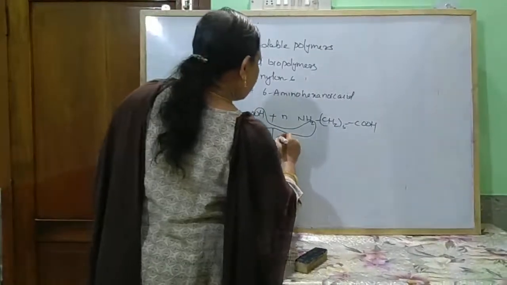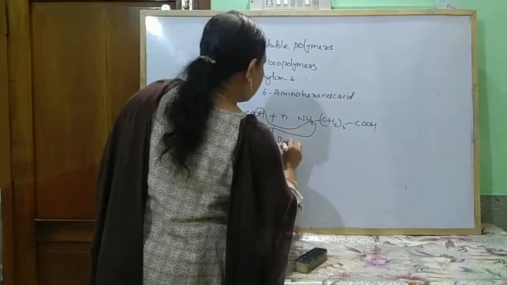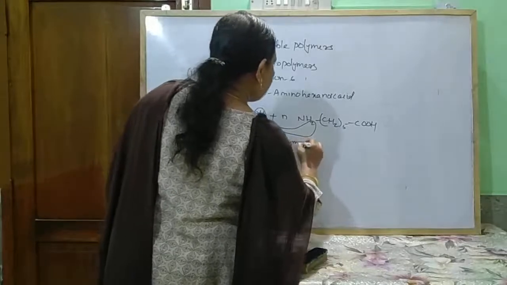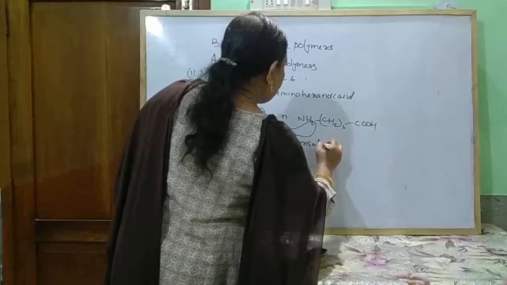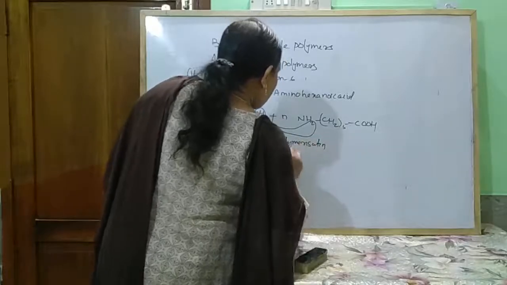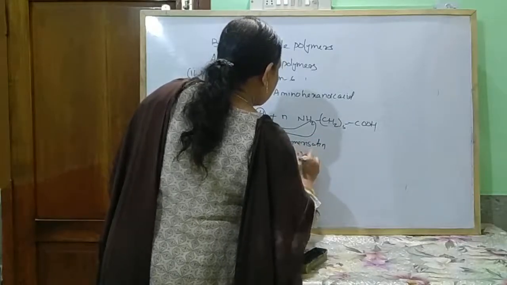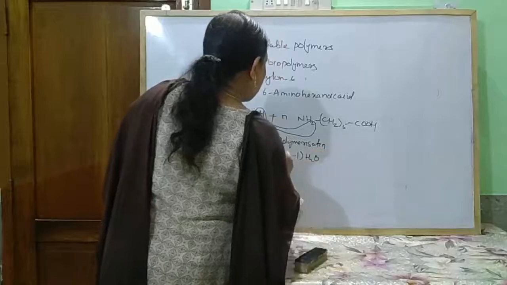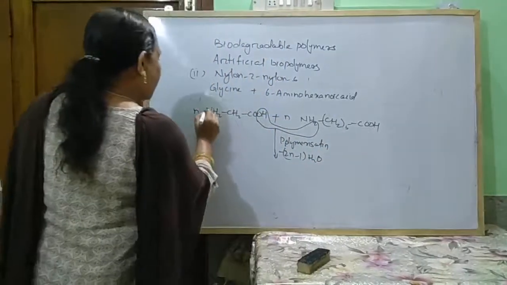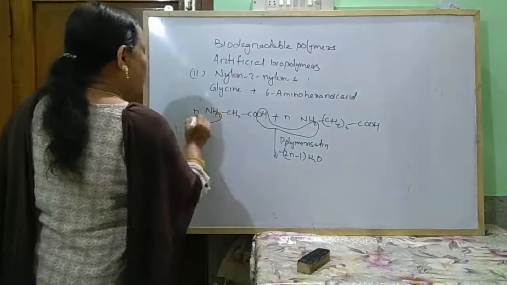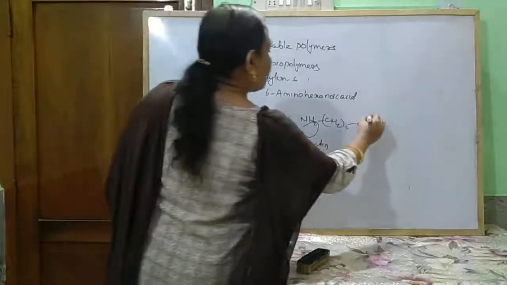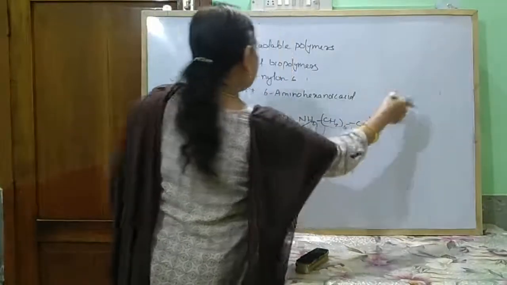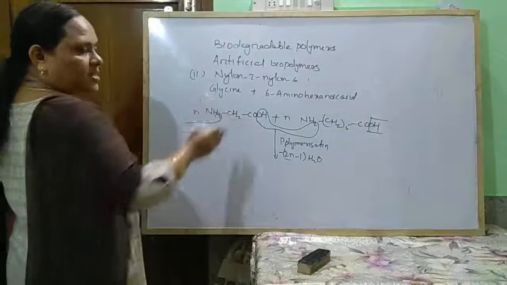When it undergoes polymerization, 2n-1 number of water molecules are removed, and here also one hydrogen is removed, and this OH group is removed, which reacts with another molecule of glycine.